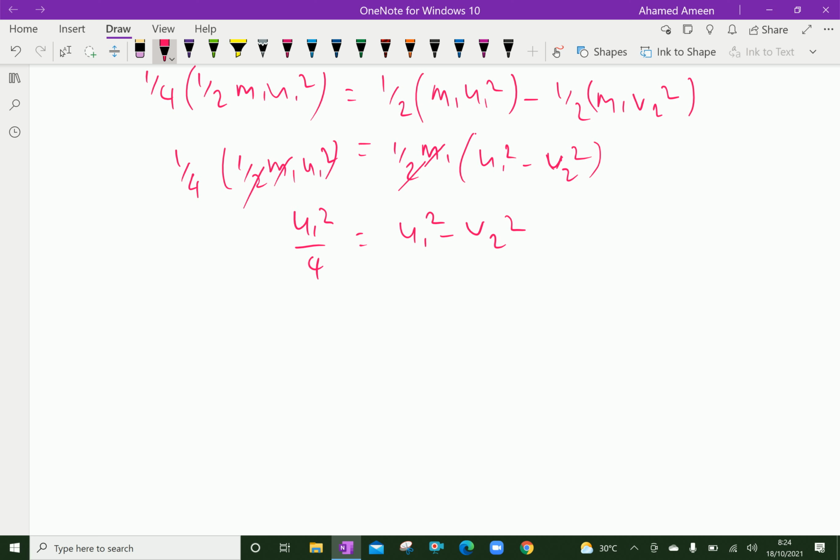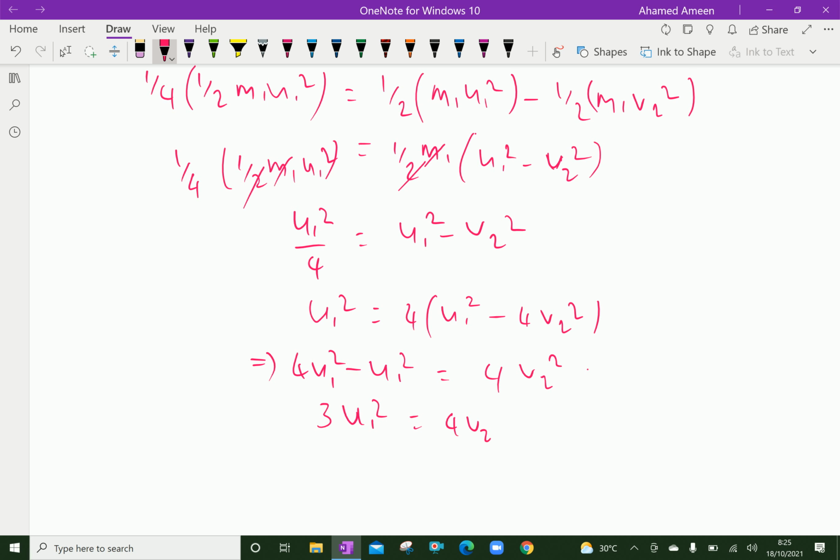Therefore u1 square equals 4 u1 square minus 4 v2 square. Now by simplifying, 4 u1 squared minus u1 squared equals 4 v2 square. Therefore 3 u1 square equals 4 v2 square.